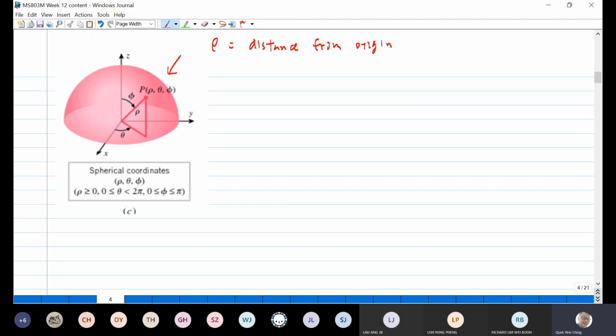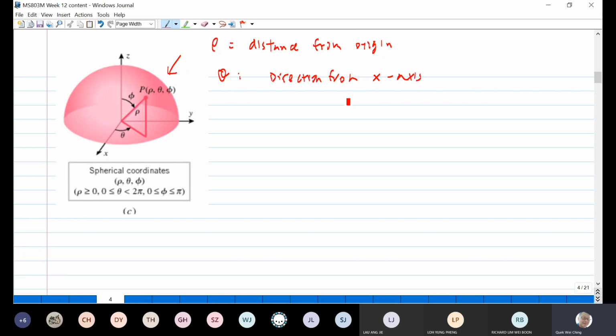And then theta now is the direction, the angle measured from the x-axis.